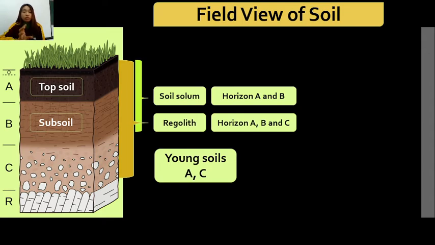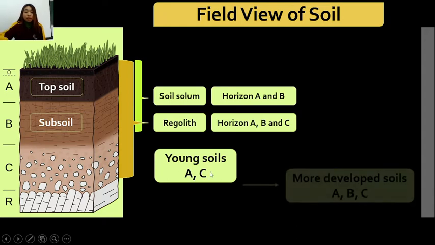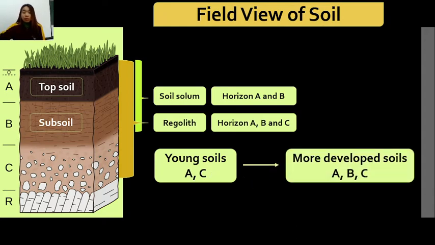Then you can consider that as young soil. Okay? A and C, meaning absent CO, or pwede ding present CO, pero wala si horizon B, then that is young soil kasi hindi pa na-develop si B. Okay? Now, kapag more developed soils, then present na si B horizon.